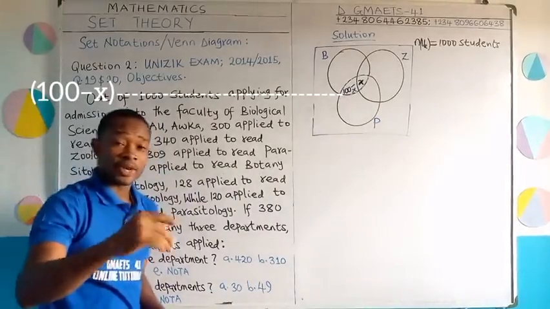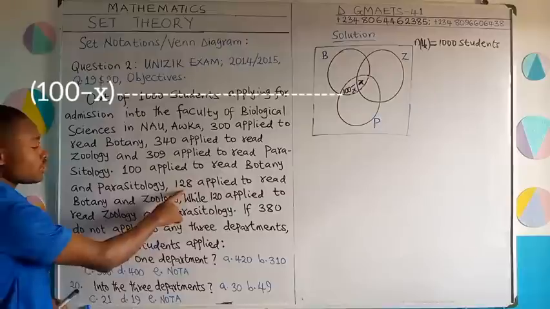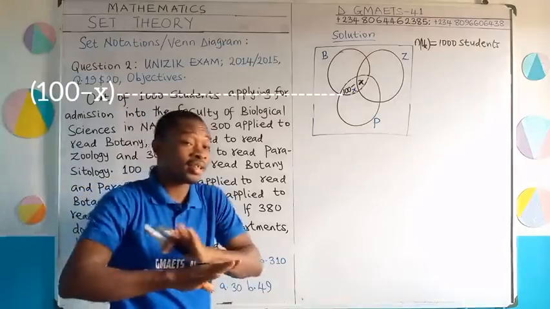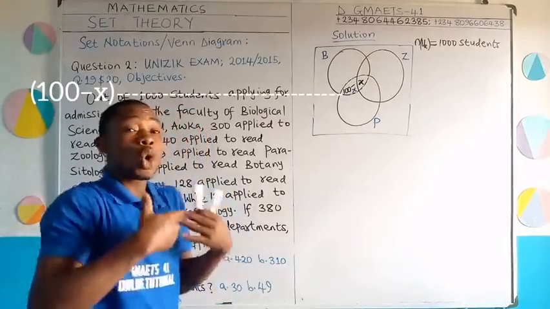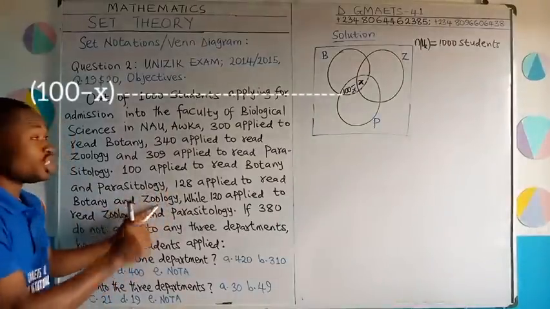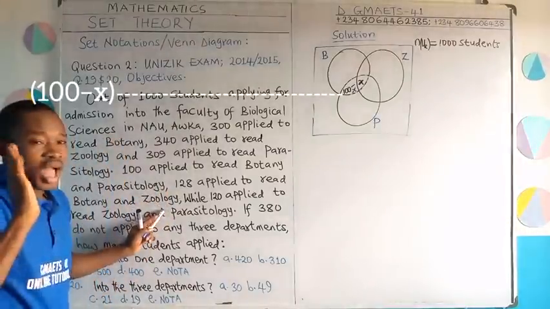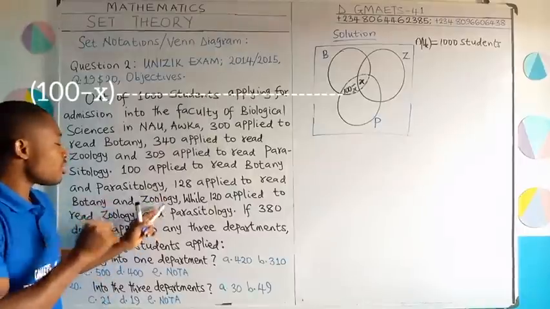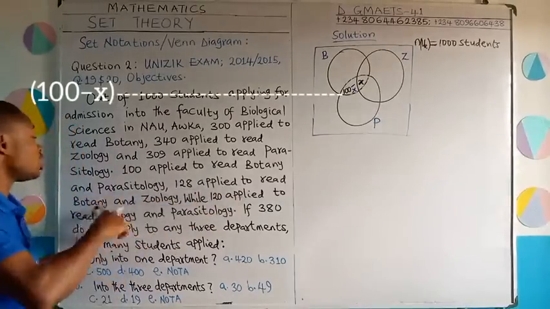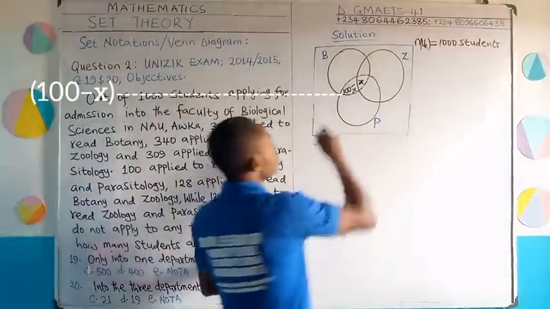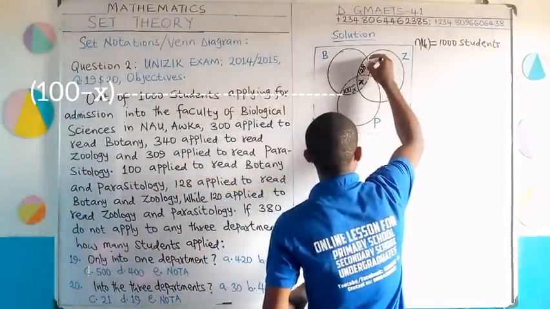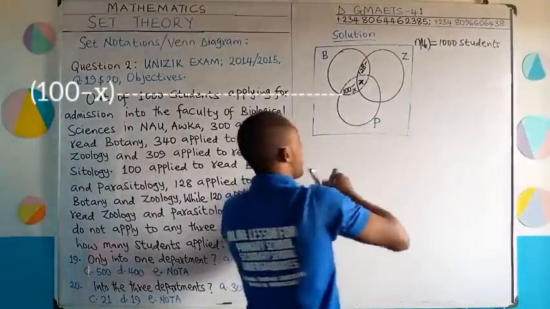Having stated this secret, we'll now move on to see that 120 applied to read botany and zoology. Once again, nothing like "only". If we had "only" there, I would just go to botany and zoology and write 120. I wouldn't subtract anything. But because there is no such word as "only" after the statement that 120 applied to read botany and zoology, it means I will come to botany intersection zoology, write 120, and then subtract x from it.